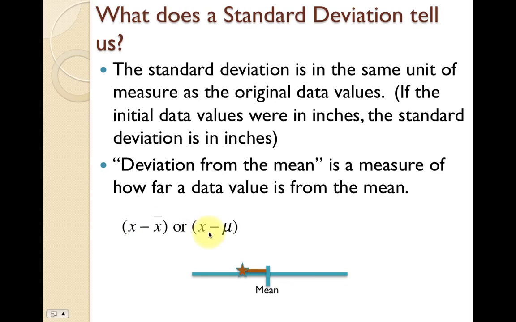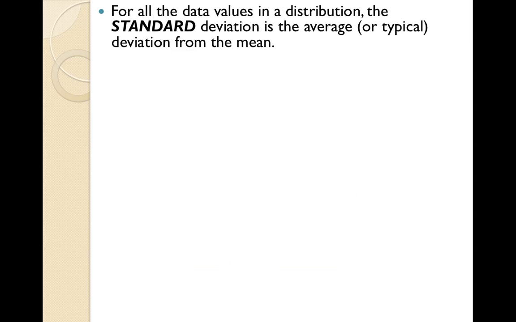A data value could fall to the left of the mean, which means it's smaller than the mean, and how far it falls below the mean is its deviation from the mean. For all the data values in a distribution, the standard deviation is the average or typical deviation from the mean.